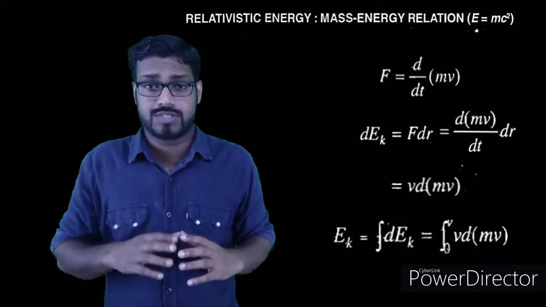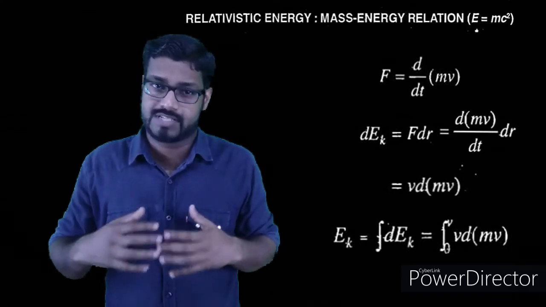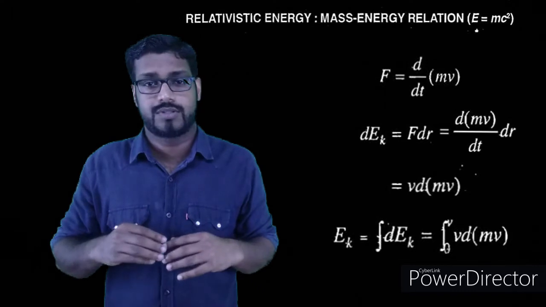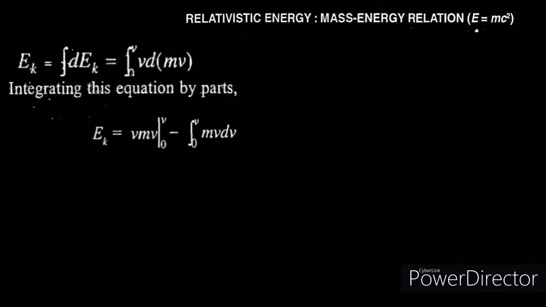And if the mass is constant, we can do the integration very easily, but we know that the mass is not constant, it varies with velocity. So we have to do the integration by parts. If you do the integration by parts, we would get Ek is equal to the first function v times the integral of the second function, which is d(mv), minus the integral of the derivative of the first function, which is dv, into the integral of the second function, which is mv.